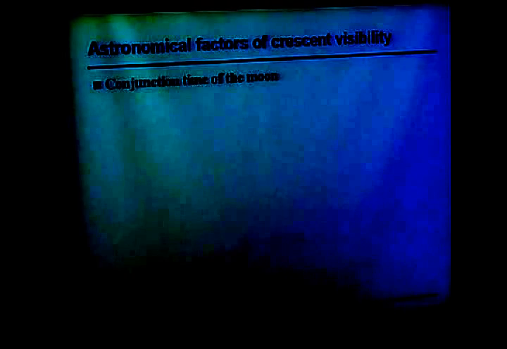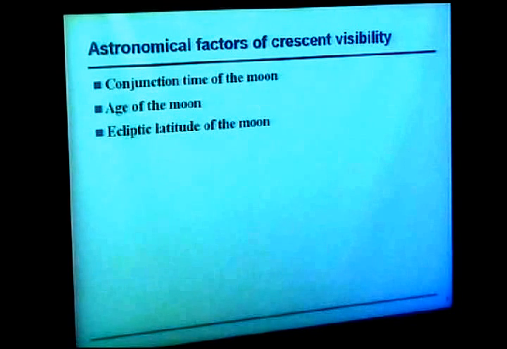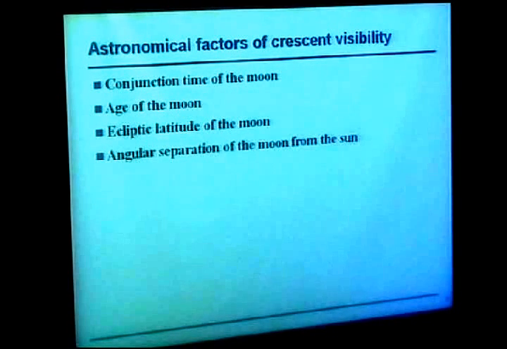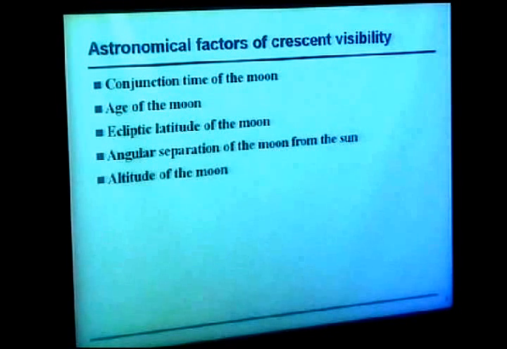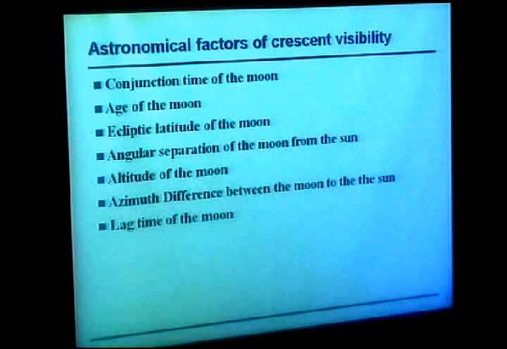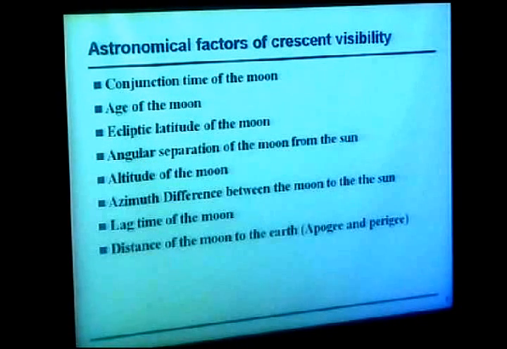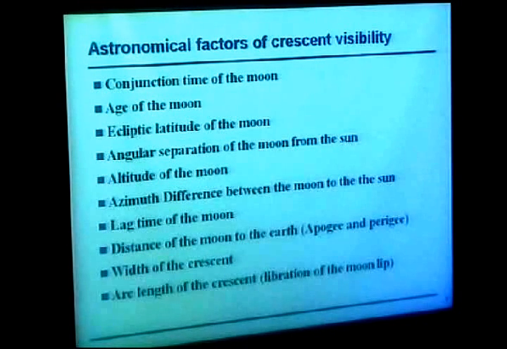Many astronomical parameters affect crescent visibility, such as the conjunction time of the Moon, the age of the Moon, the ecliptic latitude of the Moon, the angular separation of the Moon from the Sun, the altitude of the Moon, the azimuth difference between the Moon and the Sun, the lag time of the Moon, and the distance of the Moon to the Earth, that is apogee and perigee points in the Moon's orbit, the width of the crescent and arc length of the crescent, and the libration of the Moon.